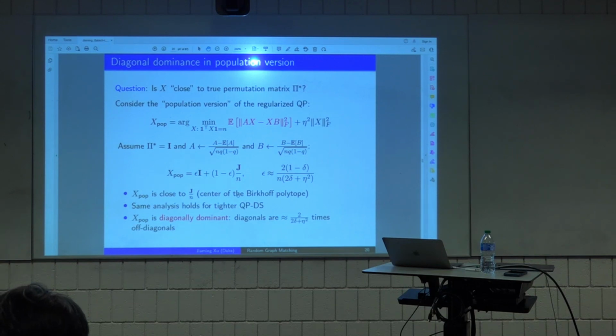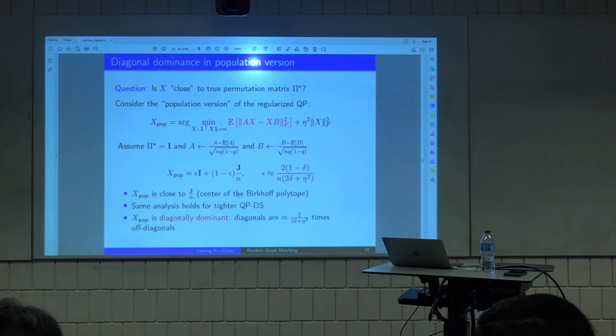So this is your pi star, like in this case it's identity. So the solution that you have is very close to the center. Center is like the all-ones matrix divided by n. So maybe your solution is like here, right? So it's closer to the center, but the good thing is that since it has this diagonal dominance property, if you do a projection back to the permutation matrices, it still gives you the true permutation matrix, right?